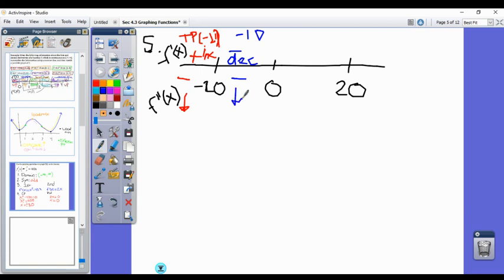And then I'm going to pick a positive 10 for the next. And positive 10 is going to give me a negative, so I'm still decreasing. And it is going to give me a positive, so I'm at concave up here.